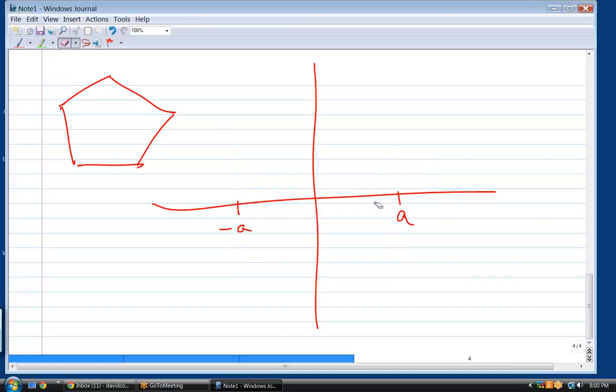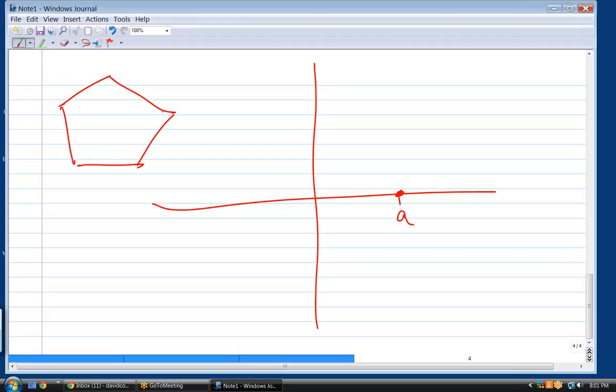And what did it say that it has? The center is at the origin, and it has one vertex on the positive x-axis at a distance a. Okay. So I can say that's a vertex right there. Let's get rid of this.